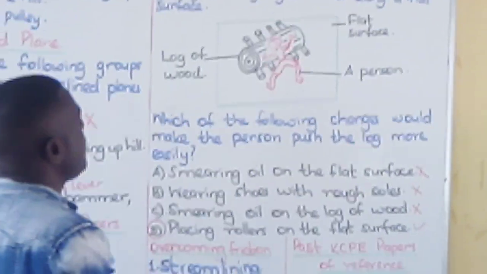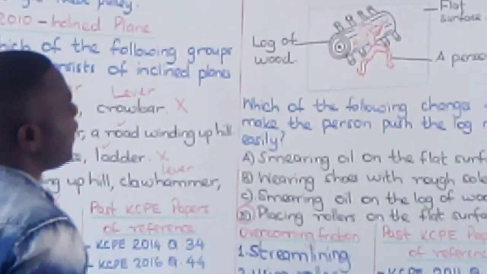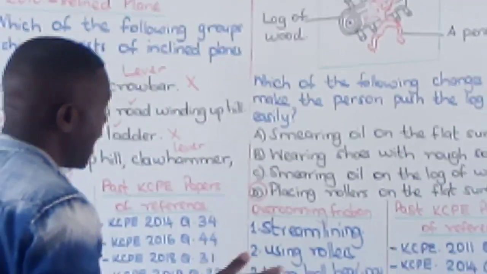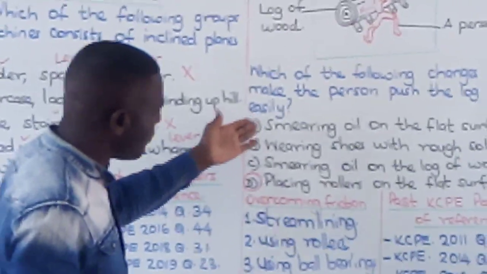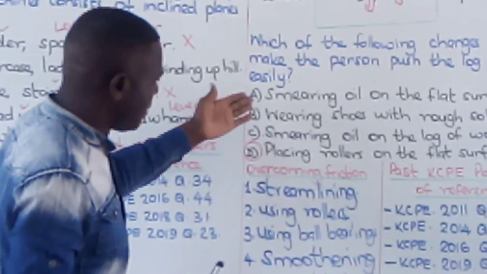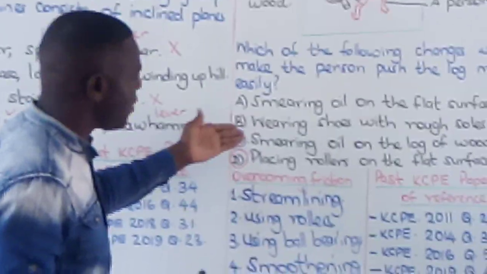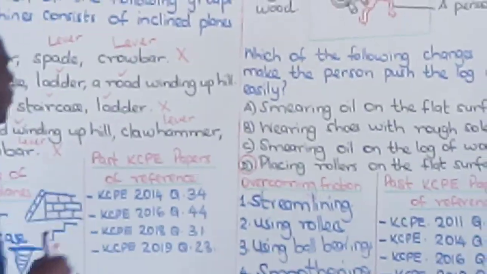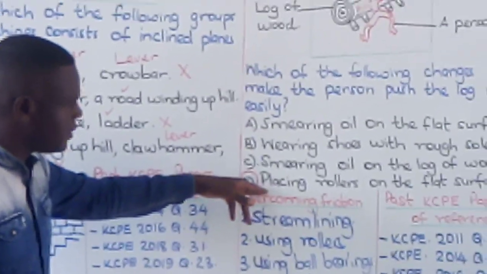When you place rollers on the floor, the pushing will be very easy, because the rollers overcome friction more than this other line here, more than smoothening, more than the wearing of shoes, more than smearing oil. So rollers overcome friction more. So the most correct answer is D.